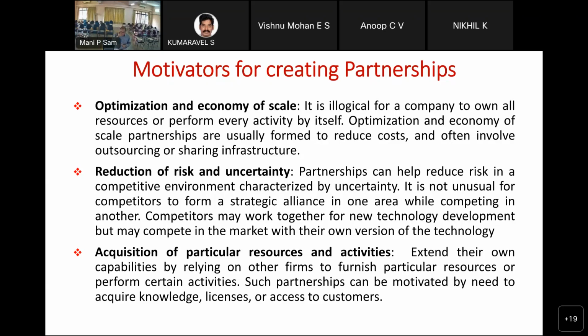Let me take a minute to explain what is risk and what is uncertainty. Risk is a simple probability distribution. You know the possible outcomes. You also are in a position to assign some kind of probability for their occurrence. So that is a risky situation, but it is under control.